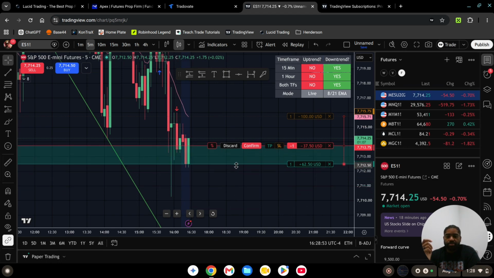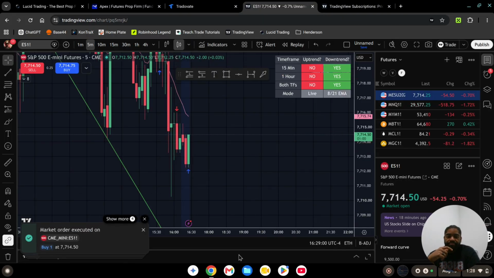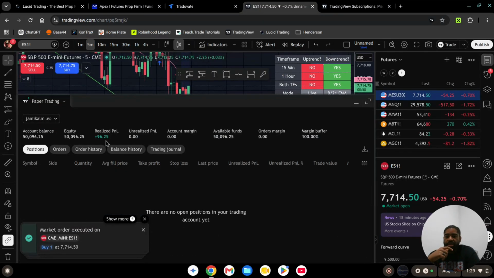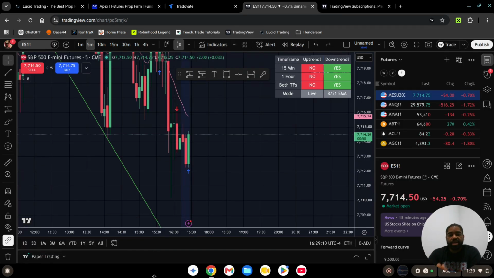So I'm down 37.50. If I want to just close it out on the spot, cool, close it out. As y'all notice down here, all of this adjusted, $96 realized now when it first was at like 133. But you can pretty much utilize this and practice trading as you go, so that way you can become better at this skill.